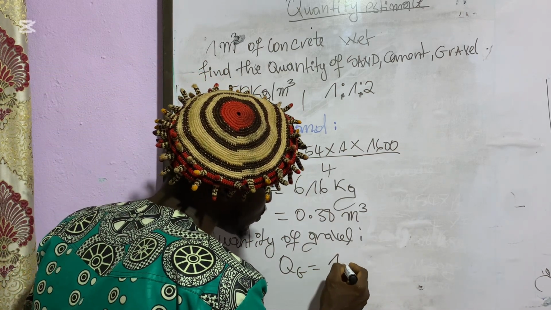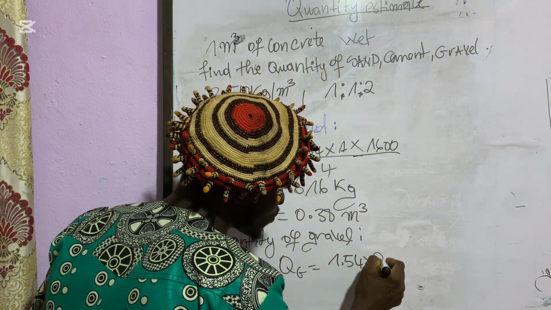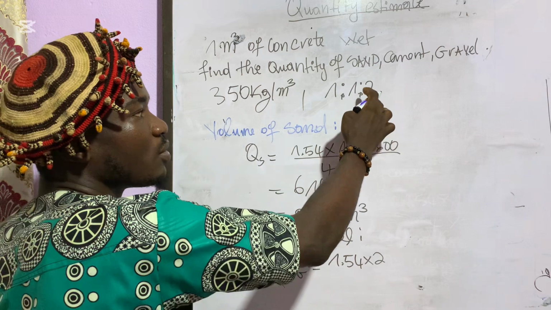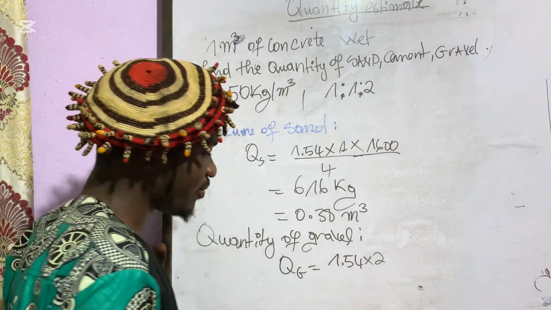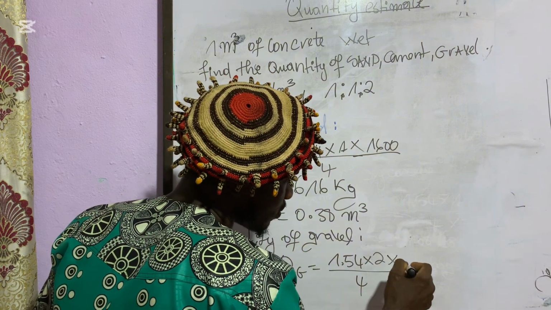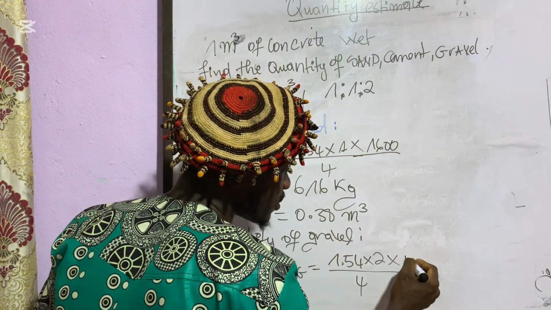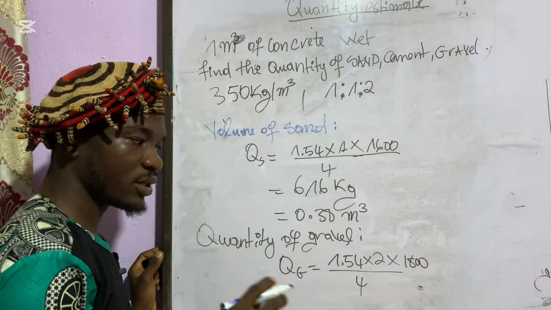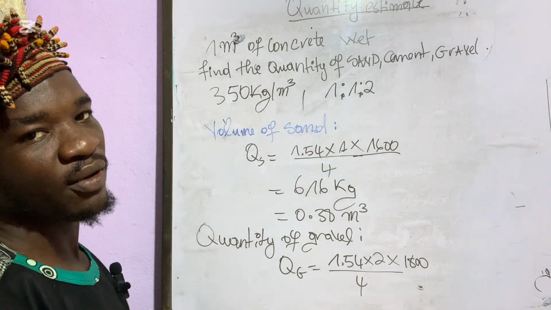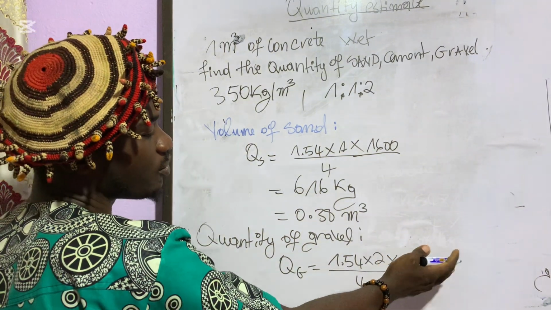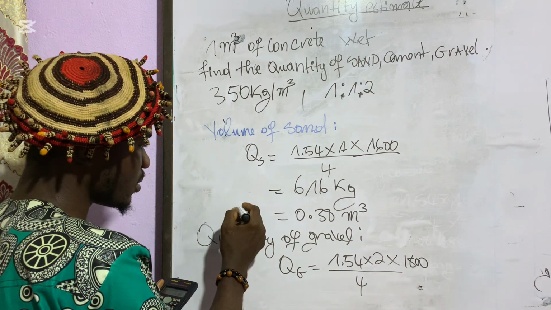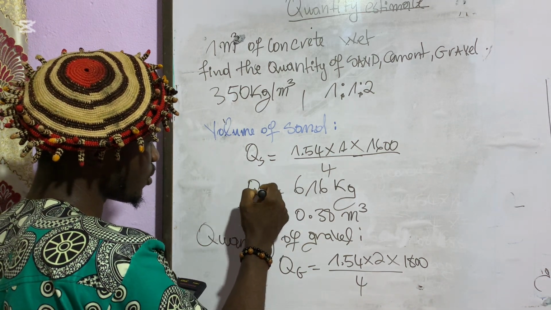We'll be having 1.54 times 2 now, because the ratio here is 1:1:2. 2 represents the 2 wheelbarrows of gravel, divided by 4 also, times the density of gravel, which is 1800 kilogram per meter cube. Multiplying times the density will simply give us the value in kilogram. So if you remove the density, you will have the value in meter cube, as the case.